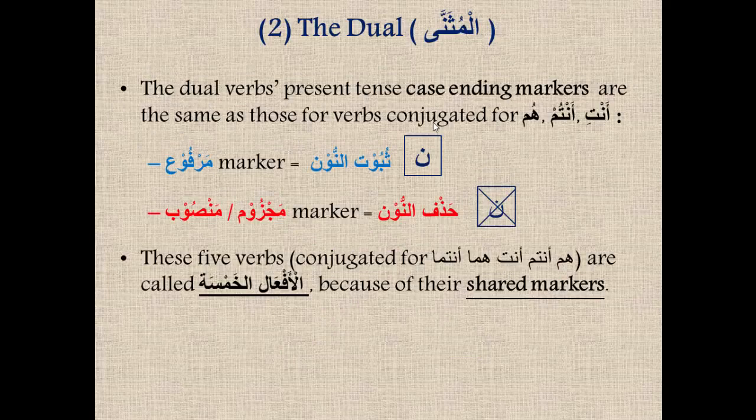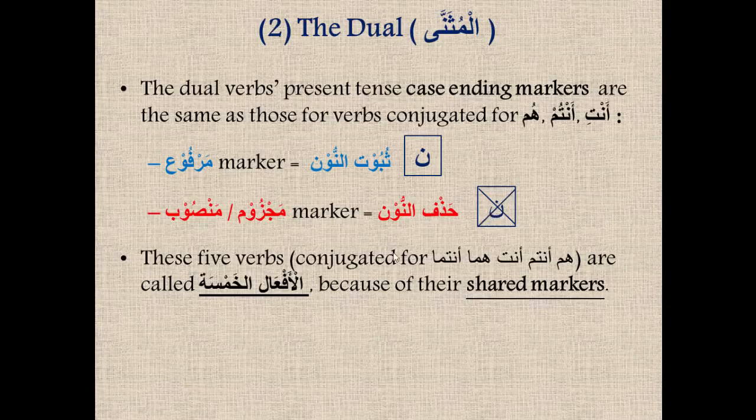What are the dual verb case endings in the present tense? The dual verbs' present tense case ending markers are exactly the same as those markers for verbs conjugated for anti, antum, and hum. So as a reminder, that marker for the marfu' will be thubut and noon, the presence of the noon, and the marker for the mansub and the majzum will be hadhf and noon, dropping the noon.